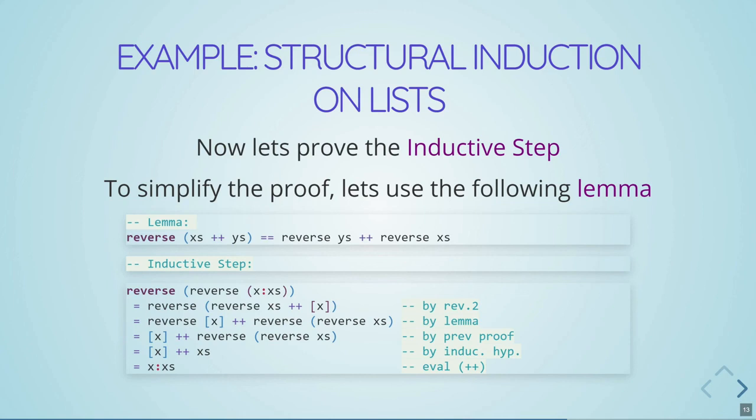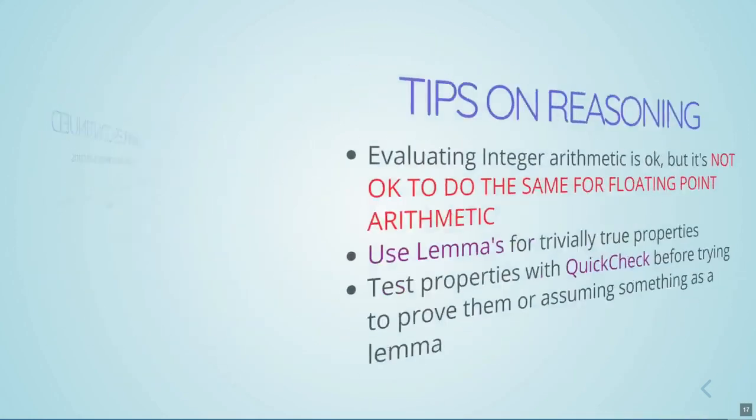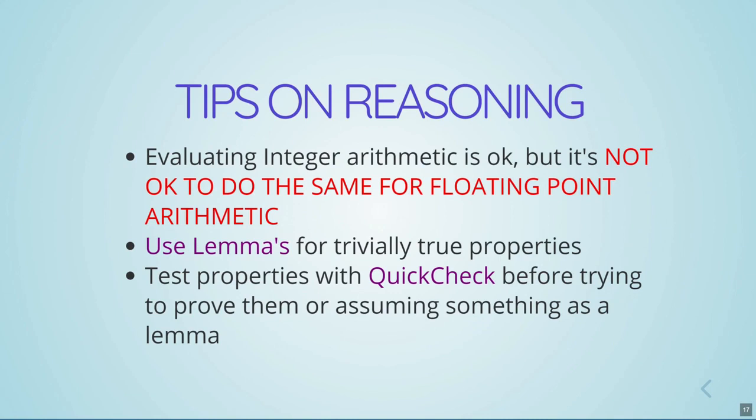Really, this is not the proper way to go about proving stuff, but for beginners just learning how to write proofs, this is a fine thing to do. And the idea is that you could come back and prove these things later. A good idea is also, if you're going to make these lemmas, you could use QuickCheck to just check that they're correct quickly before just assuming that they work and not really giving any more thought to it.